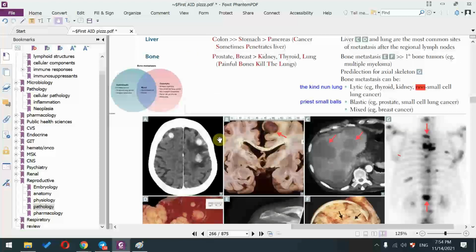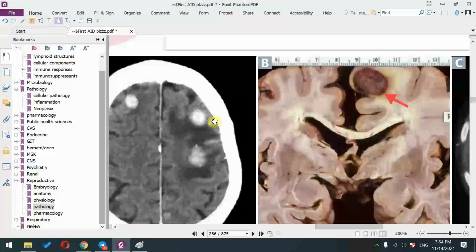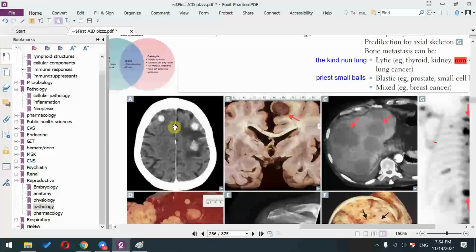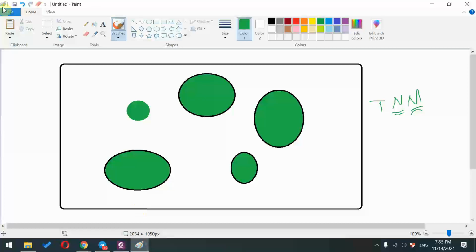Let's take a look actually here. Picture A, multiple foci. So is it a local cancer or metastasis? Okay, good. Notice, guys, that the metastasis likes to go to the gray-white junction. You are like, what? Gray-white what? So the cortex is gray matter, guys. In the future, I will describe what is gray matter and what is white matter, just really quick.